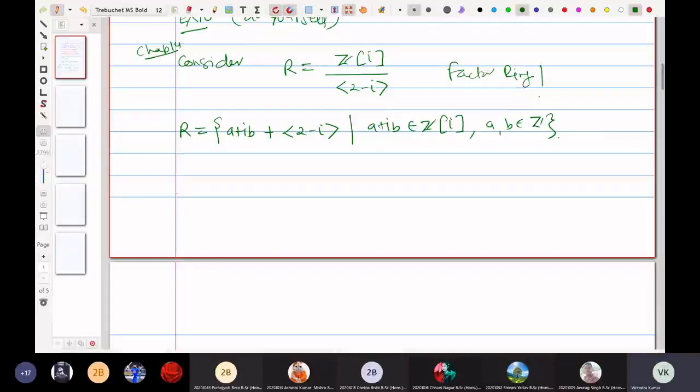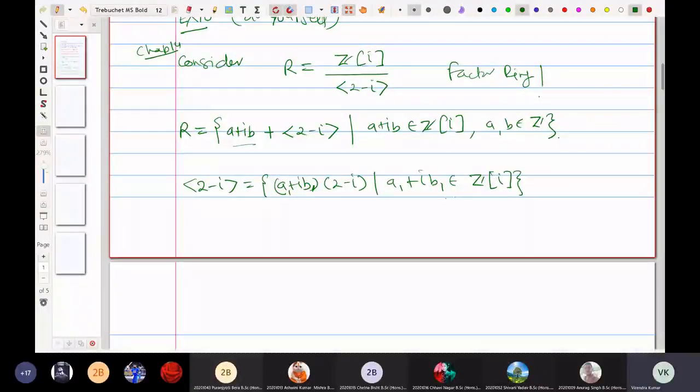So you know that, because by definition, 2 minus i times a member of this type, a1 plus i b1, something like this, you multiply it by 2 minus i. So a1 plus i b1 is going to be a member of Z[i].